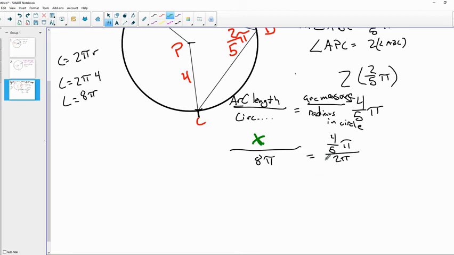Let's simplify the right-hand side. We've got x over 8 pi, which is going to equal 4/5 pi divided by 2 pi, which we can set up as 4/5 pi divided by 2/1 pi.